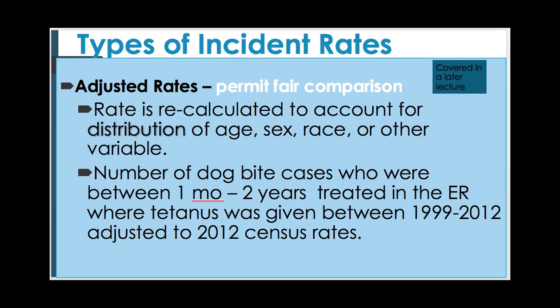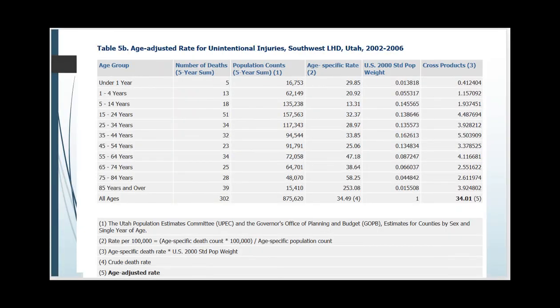So adjusted rates allow us to do a fair comparison, and we actually recalculate the rate according to a certain distribution. So for example, if you have a higher percentage of males in our population in 2001 than you did in 2015, then we really can't make a fair comparison of a rate between 2001 and 2015.